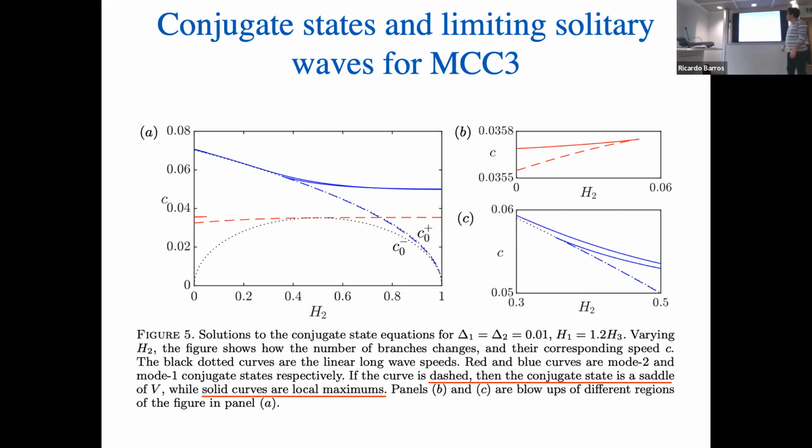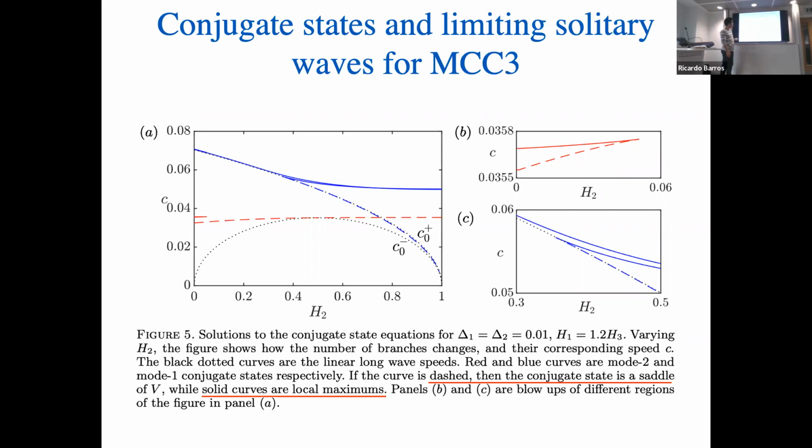Probably there's just a front there. But if you are in this region, now you have 2. In the second baroclinic mode, sometimes you have 1, sometimes you have 2 more, for very thin interfaces.